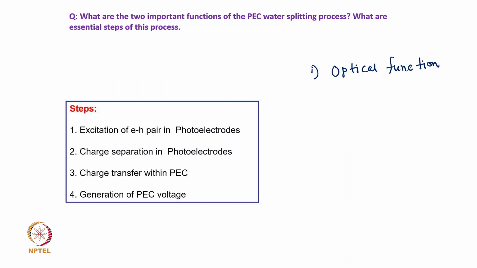What is the optical function? It is the process where sunlight falls on the electrode and gets absorbed by the electrode. So this is called the optical function.